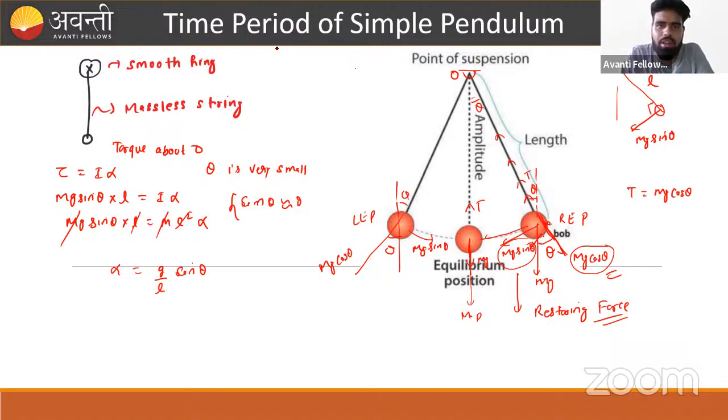I want to discuss why I just take theta equal to sine theta. See here, beta, if you don't know, that is a beautiful concept. Because we know that if we draw the graph of sine theta, it looks like this. If we want to find the value of theta just near the origin, it is something like a straight line.